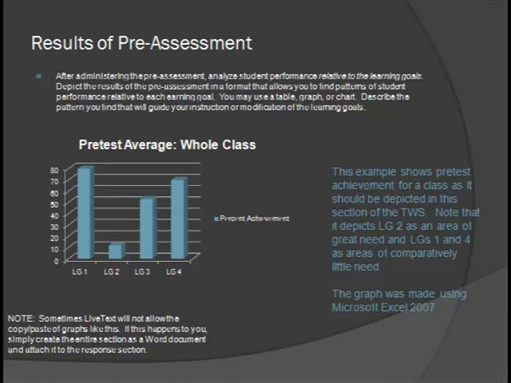Now, after administering your pre-assessment, you will come up with information that looks somewhat like this. This is a graph that was created by taking the information that was entered into a Microsoft Excel spreadsheet and then just creating a graph out of that.